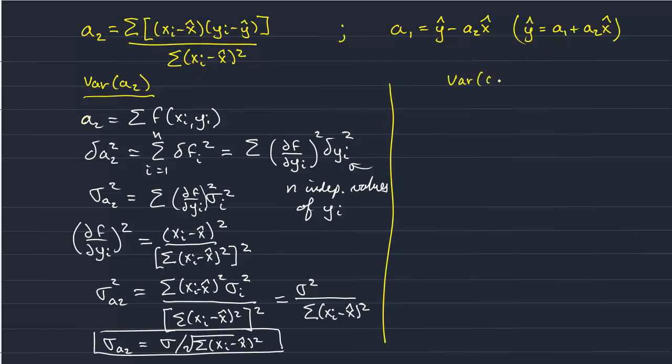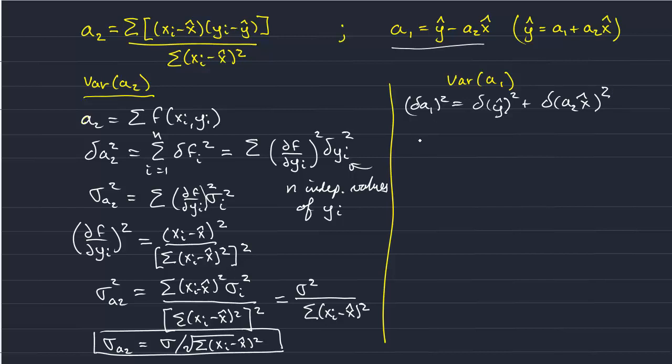Now let's talk about the variance of the intercept. So this is our equation for the intercept, and we know that the uncertainty in A1 squared, by using the rule of sums for errors, is equal to the uncertainty of the mean y value squared plus the uncertainty of A2 times x hat squared.